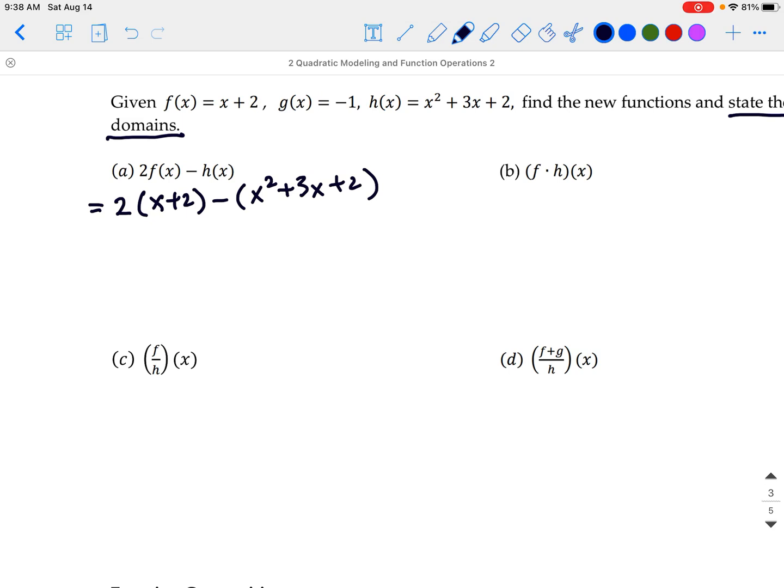And what we'll note is, for both of these functions, our domain is all real numbers. And actually, it's also true for g of x. So for all these functions, their initial domains are all real numbers.